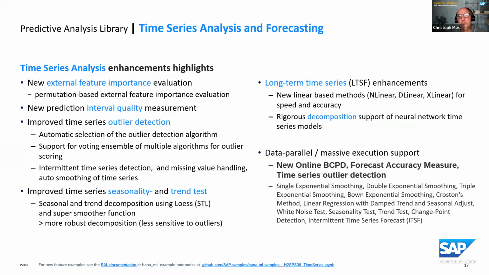And there's also a decomposition function, which also allows for this external feature decomposition for this long-term time series function. And as mentioned, the data parallel and massive execution flavor has also been added to a large number of the time series functions, which we see here as well.